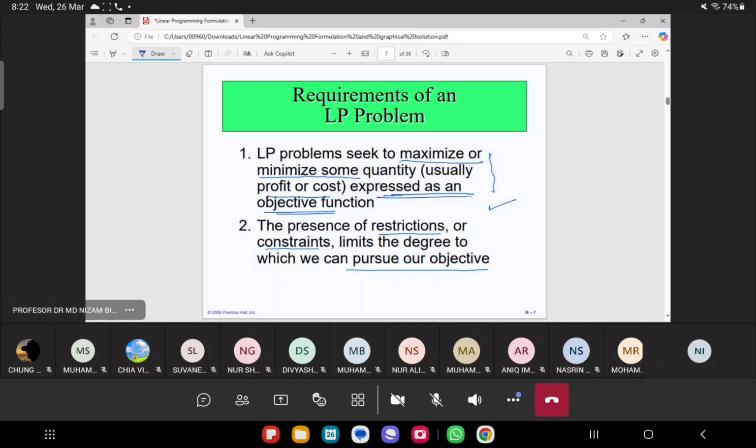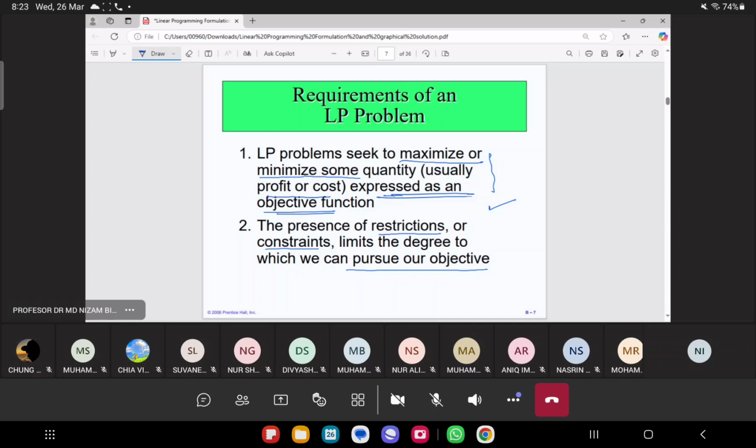If you have unlimited resources, then basically you can keep on producing parts and making more and more money, more and more profit. But I think that situation never or seldom exists in the real world.